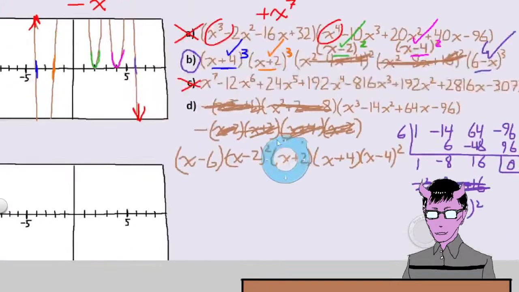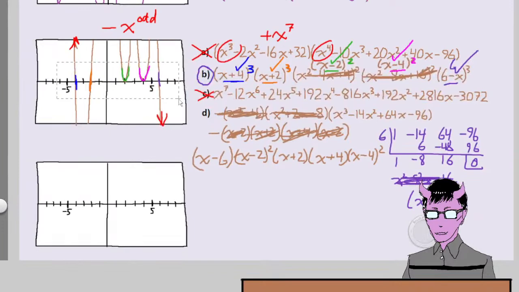Alright. So let's check to see if everything is consistent. Let me delete these from the previous work. So let us check. Starting with the leftmost right here, odd multiplicity, so that's a pierce through, so this is consistent, yes.